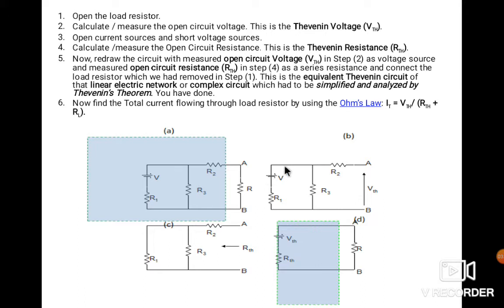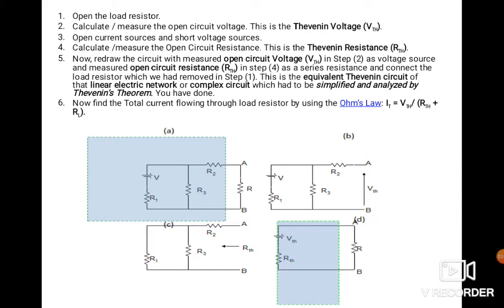As per the statement of the Thevenin theorem, in figure A is the required network, in which there are two terminals, A and B. This AB is the terminal where you have to find the current.